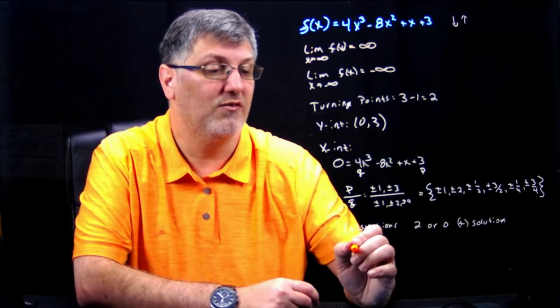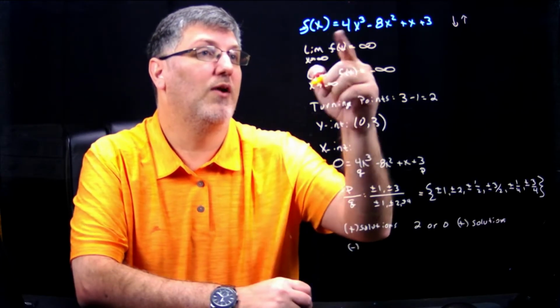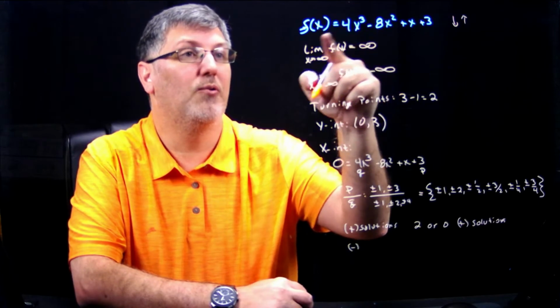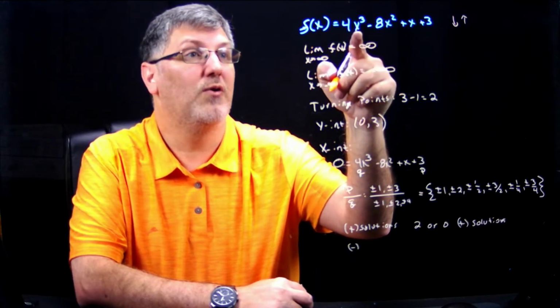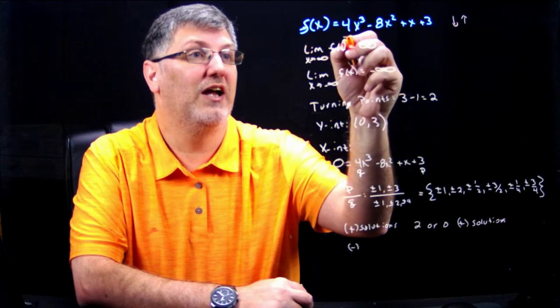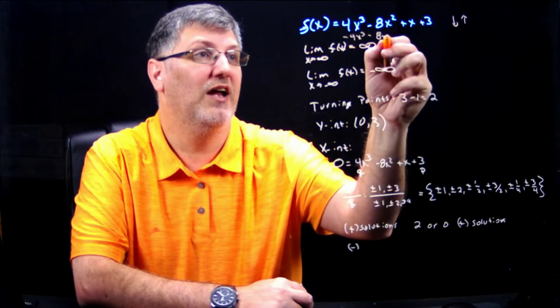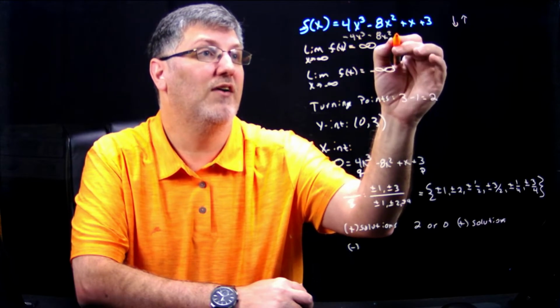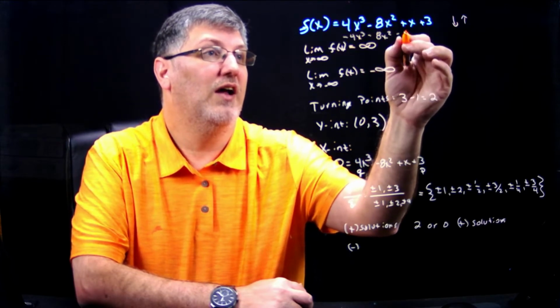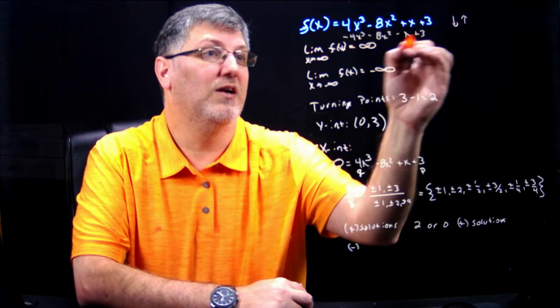So let's do the negatives. The negatives mean I'm going to have to change all this. I'm going to put negative x in. If I put a negative x here, this becomes a negative 4x cubed. Here, this is negative 8x squared. Here, I have a negative x, and then plus 3.